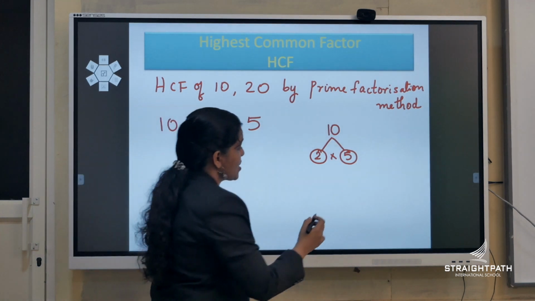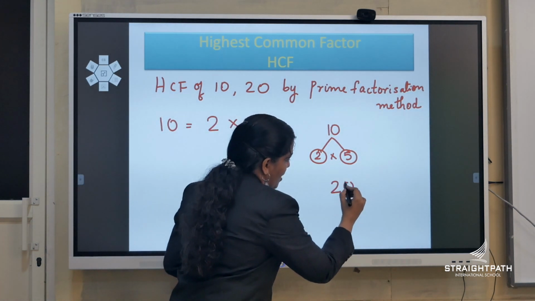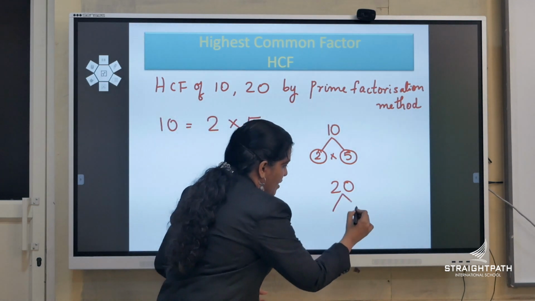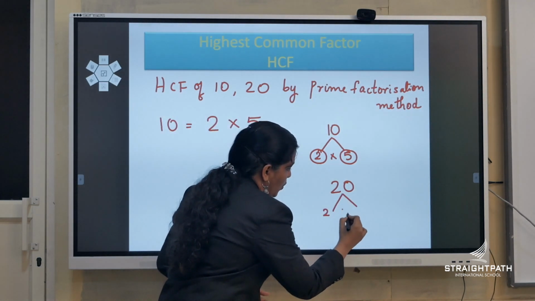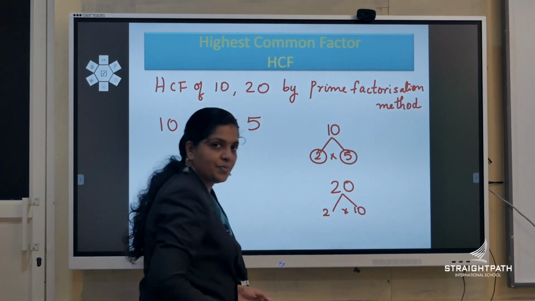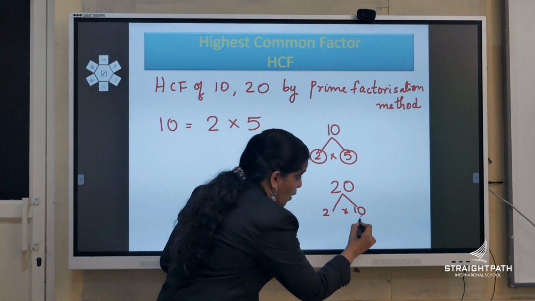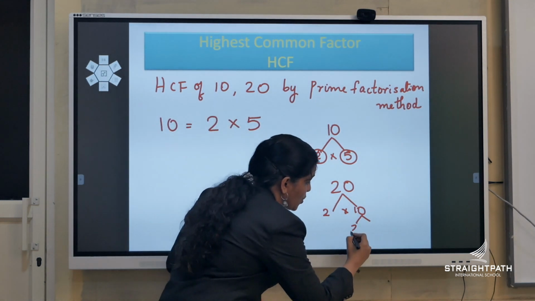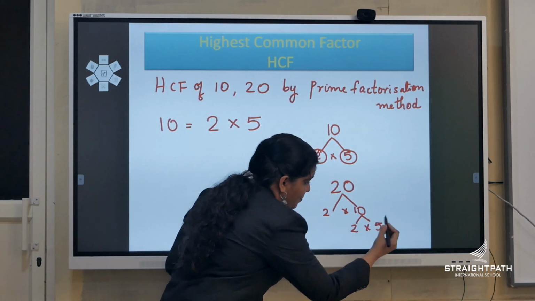Now, I will take 20. I am going to make 20 a product of prime numbers. So, see 20, 2 into 10. Then 10 is a composite number, so I will again divide it into 2 into 5. Okay.